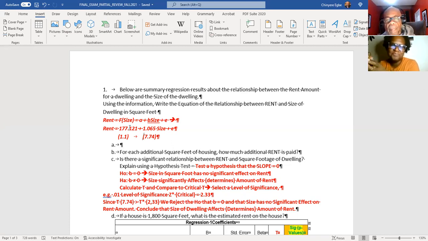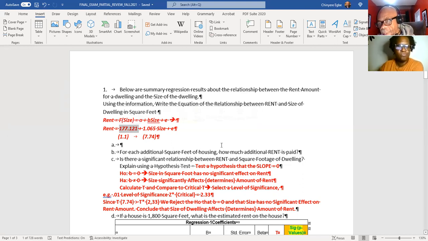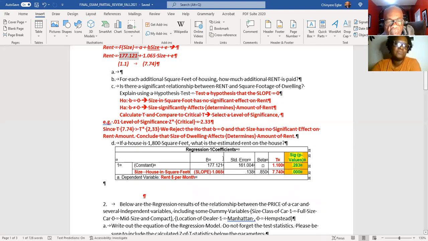But if you test a hypothesis that this constant is 0, you will not be able to reject the null hypothesis that that constant is 0, which means that this amount here really has no significance. You get the idea? So it reflects reality. If somebody shows you an apartment that has no living space, you will not pay a penny for it. You get it? Okay. Nevertheless, in statistical analysis, we do not totally ignore it.